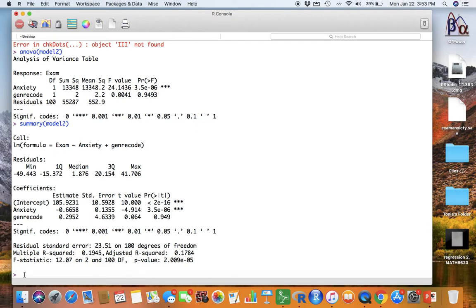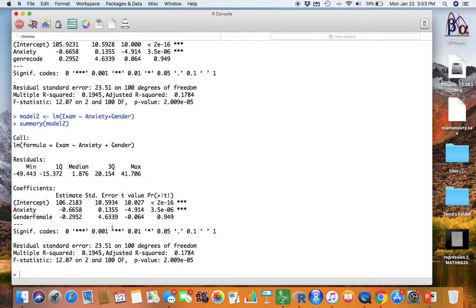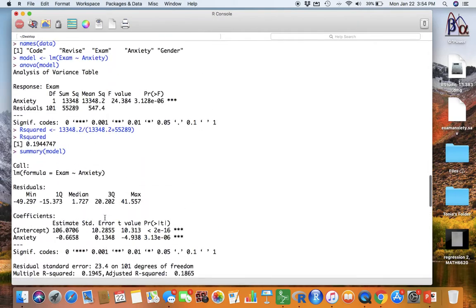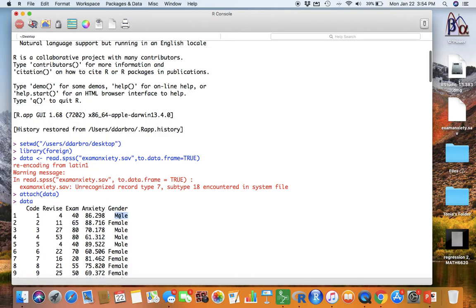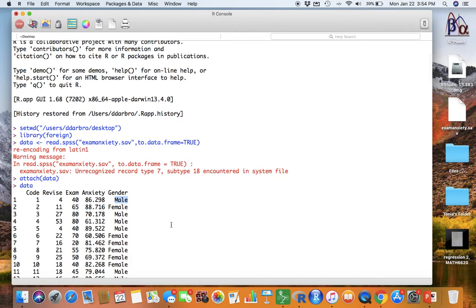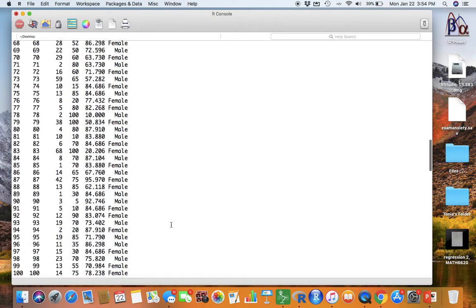Now, if I had just done this, let's do a model 2, and just go in and do gender, and do summary model 2, and you know what's going to happen. It's going to give us the reverse way. It appears that whatever the first value is in our categorical dichotomous variable, R uses it as the base.